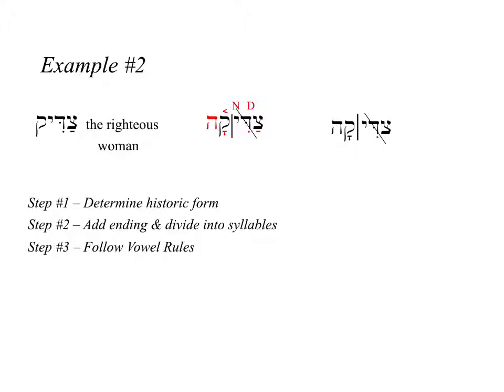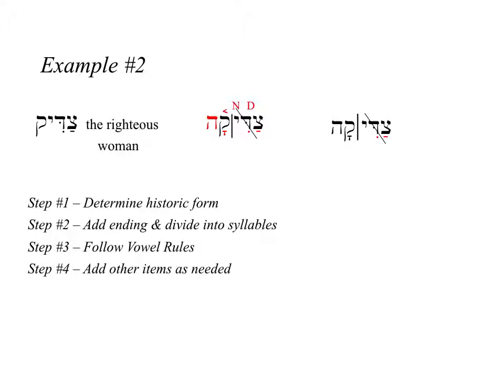No. A historic long vowel is unchangeable. And I can't do anything in a closed unaccented syllable. A closed unaccented syllable requires a short vowel. It has to stay the same. So in this case, tzadikah is my end result, and it's very similar to the word that I started out with, simply because this word is a very stable sort of word.